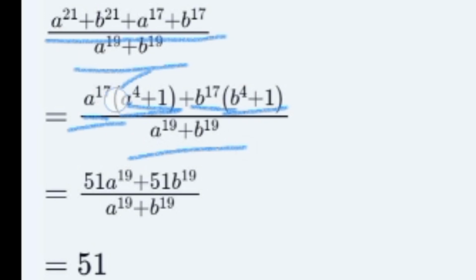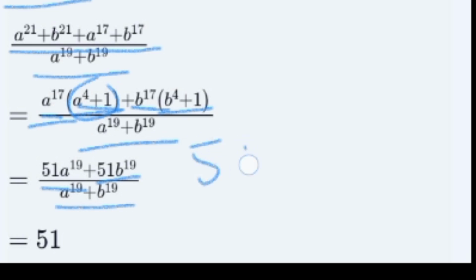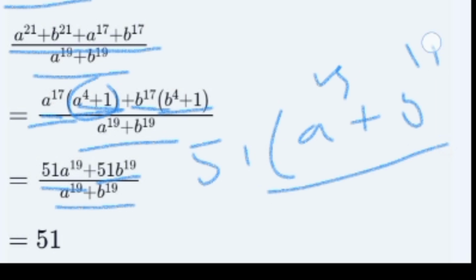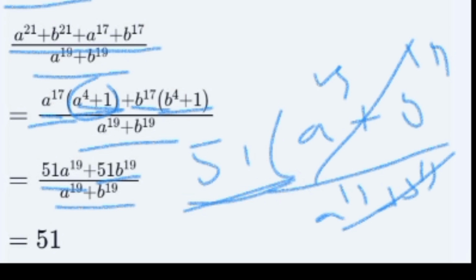So a power 4 plus 1 means 51a square, so 51a square into a power 17 means 51 a power 19 plus 51 b power 19 by a power 19 plus b power 19. Now 51 is common, and a power 19 plus b power 19 by a power 19 plus b power 19 both get cancelled. The answer is 51.